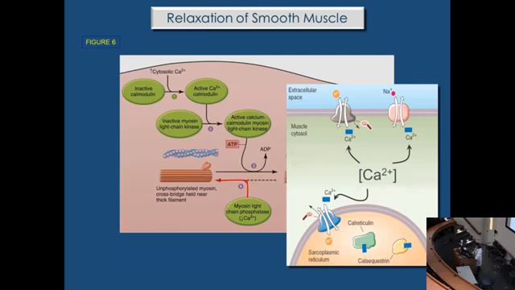We have another mechanism that you already reviewed in the previous lecture: if you have activation of the PKG or the PKA, this will phosphorylate the myosin light chain kinase, and this kinase becomes inactive, and this will result in relaxation. So here we have 3 different mechanisms that will result in relaxation of the smooth muscle.